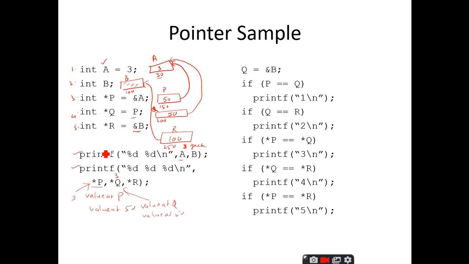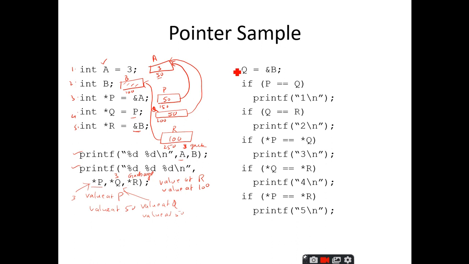Garbage value, sir. *r means value at r. What is the r value? 100. So what is the value at 100? It is nothing but garbage. This is how you need to trace the program.